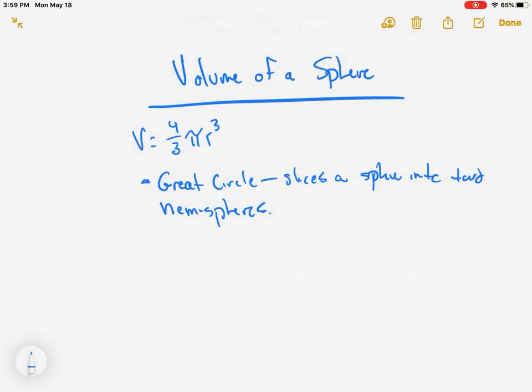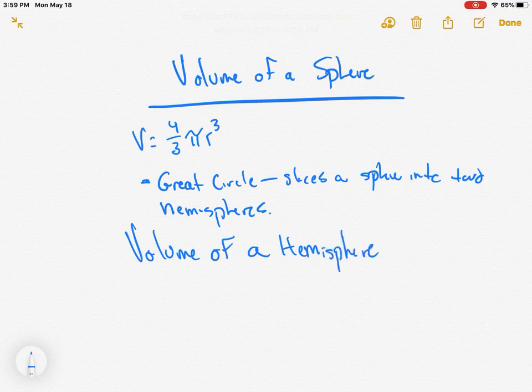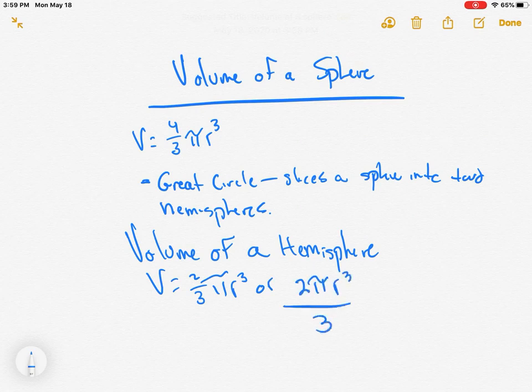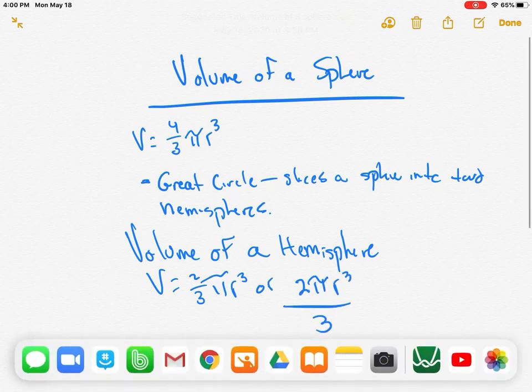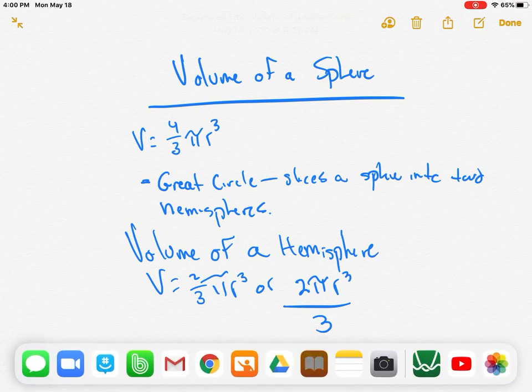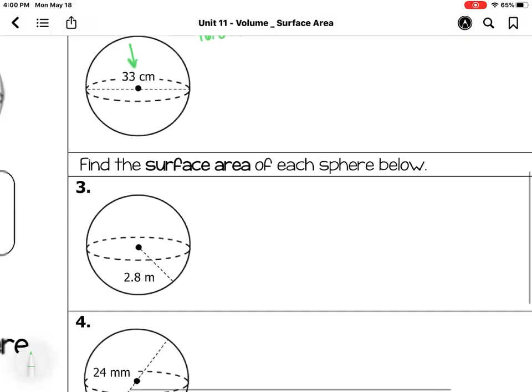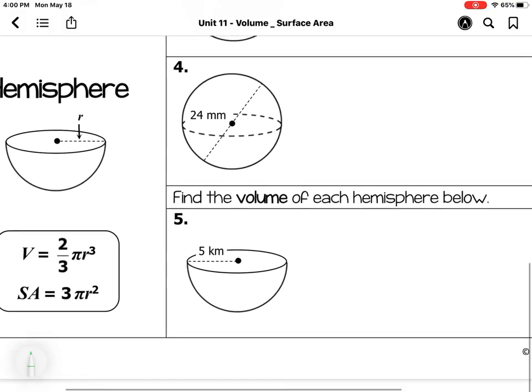Let's get something else. The volume of a hemisphere. A hemisphere is half of a sphere, right? The volume of the hemisphere is 2/3 pi r cubed, or 2 times pi r cubed divided by 3. Jump back over here.